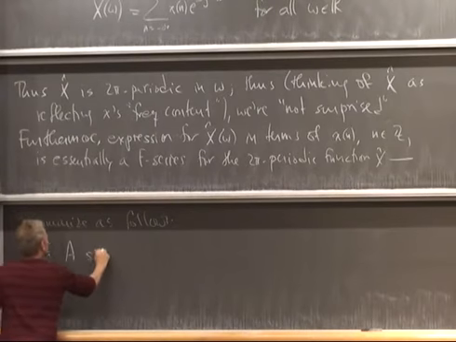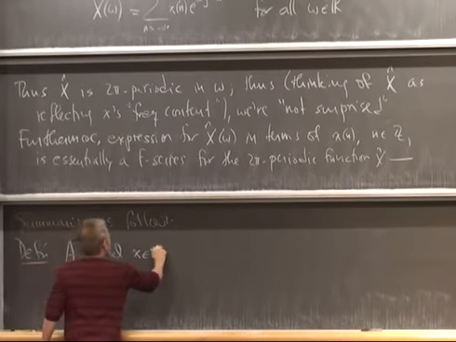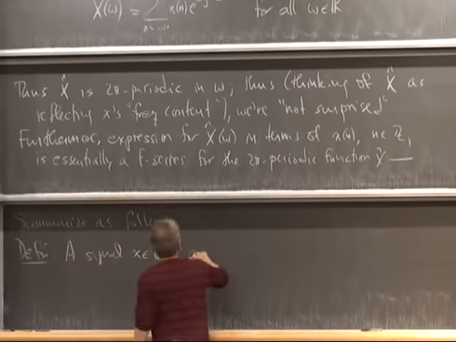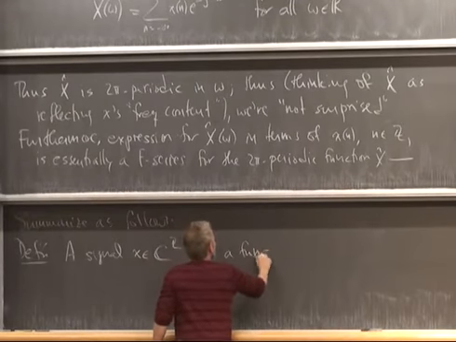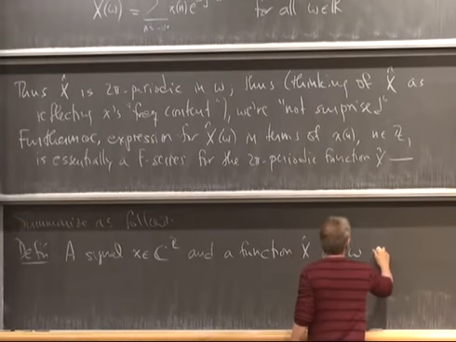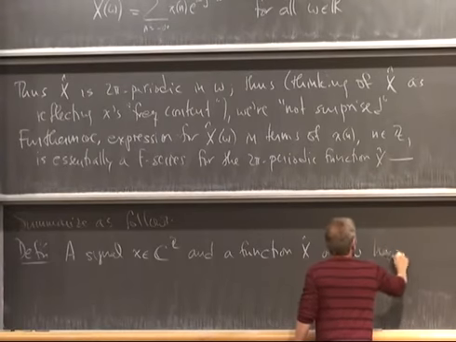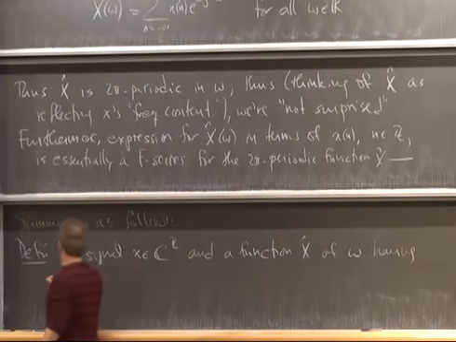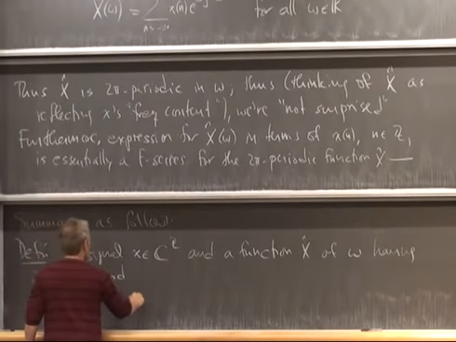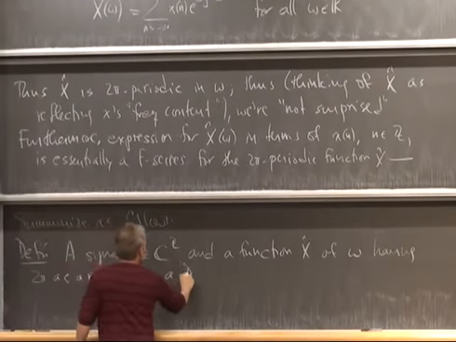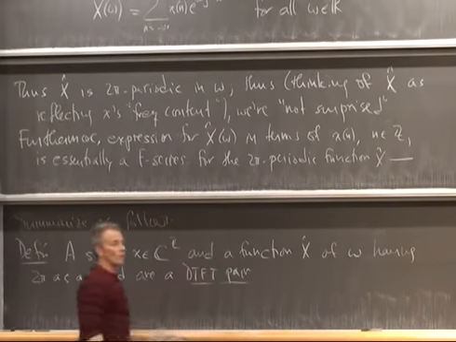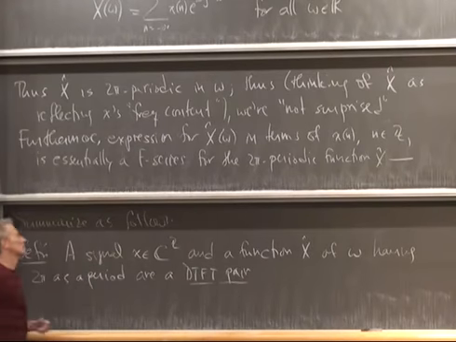A signal x in c to the z and a function x hat of omega that has 2 pi as a period are said to be a DTFT pair when either or both of the following equations holds.